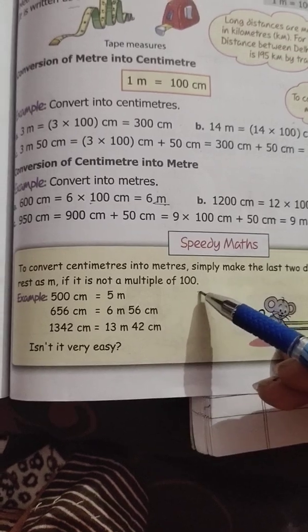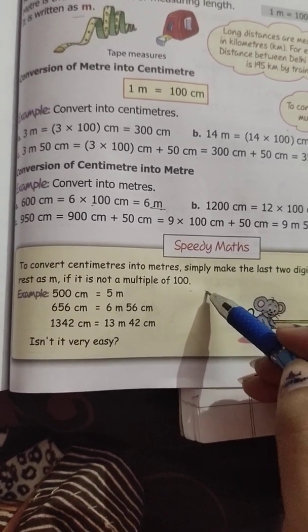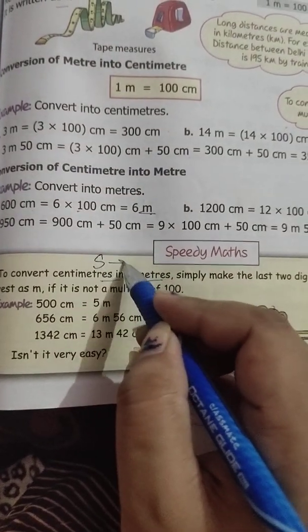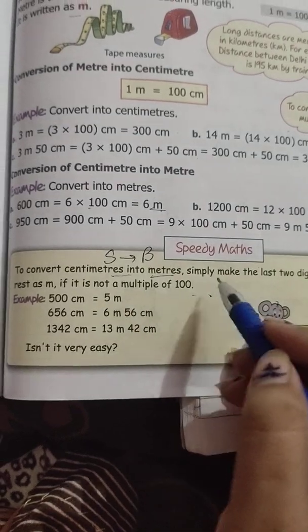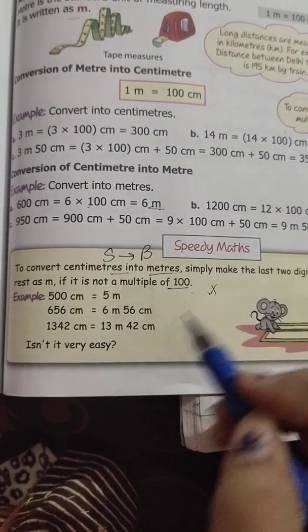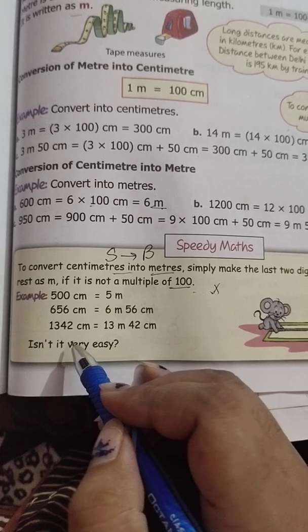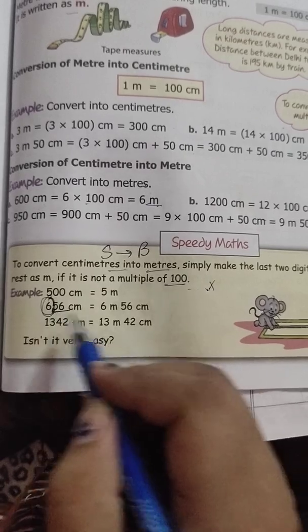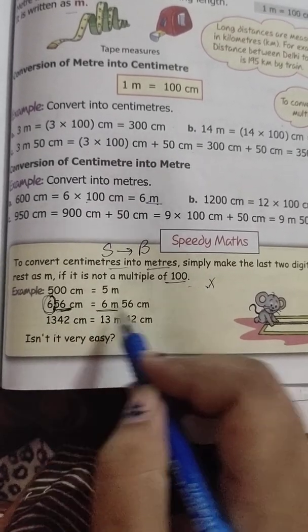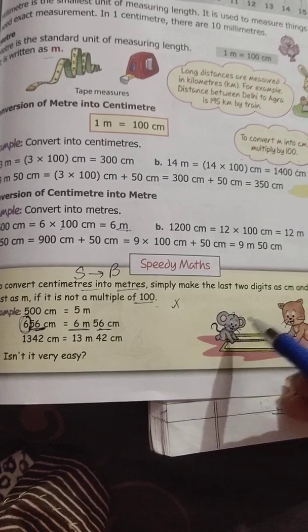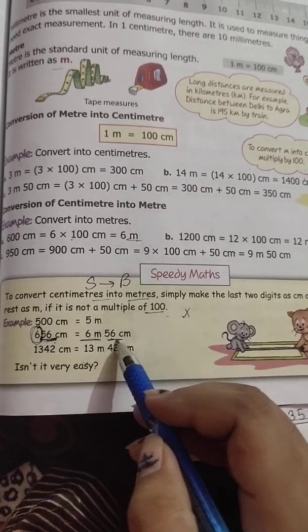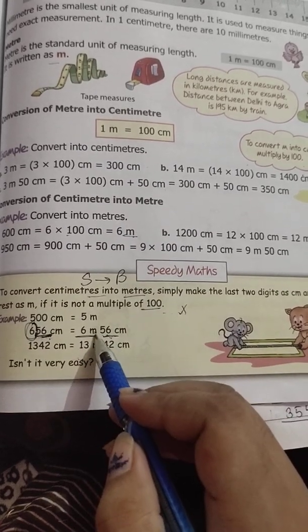Next is a trick. If we want to convert centimeter into meter, that is smaller to bigger, then for any number which is not a multiple of 100, we can make the last two digits centimeter and the remaining digits meter.